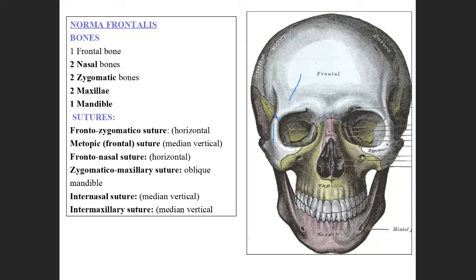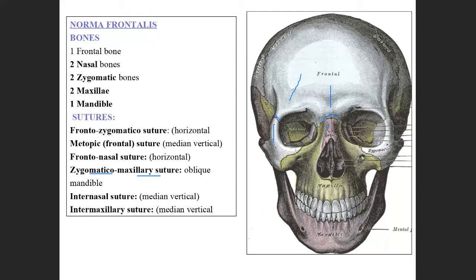Okay. Then the frontonasal suture. So where is it? This is the frontal bone and this is the nasal bone. In between this is the frontonasal suture. And then the zygomaticomaxillary suture. So where is it?